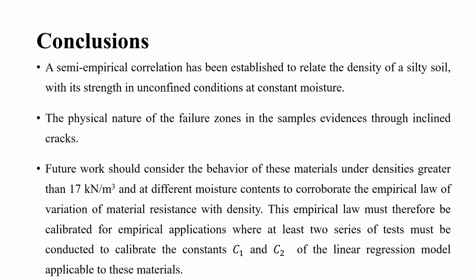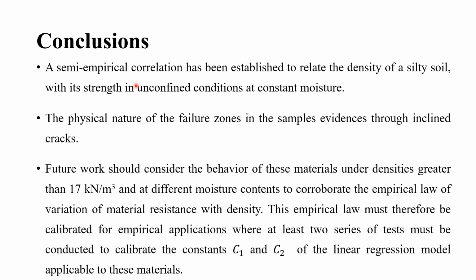Many conclusions can be drawn from the table in order to conclude some very interesting observations. For example, the semi-empirical correlation that was established tells us that there is a one-to-one correlation, which is a very interesting result, because with this result we can predict the mechanical behavior that the soil is going to have in any situation regarding the soil density.